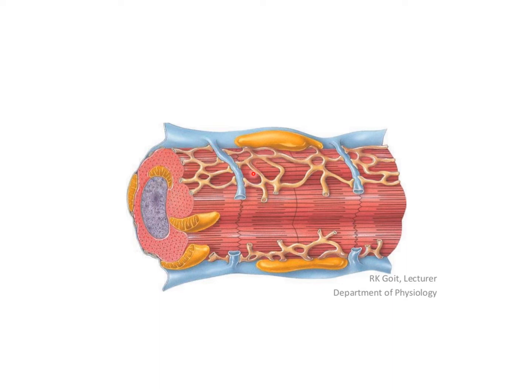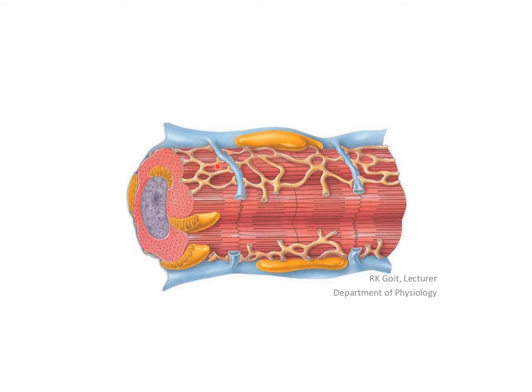We know this triad is present in skeletal muscle, where two sarcoplasmic reticula are present on both sides of a T tubule. So this whole structure, made up of three components, two sarcoplasmic reticula and one T tubule, is called a triad.